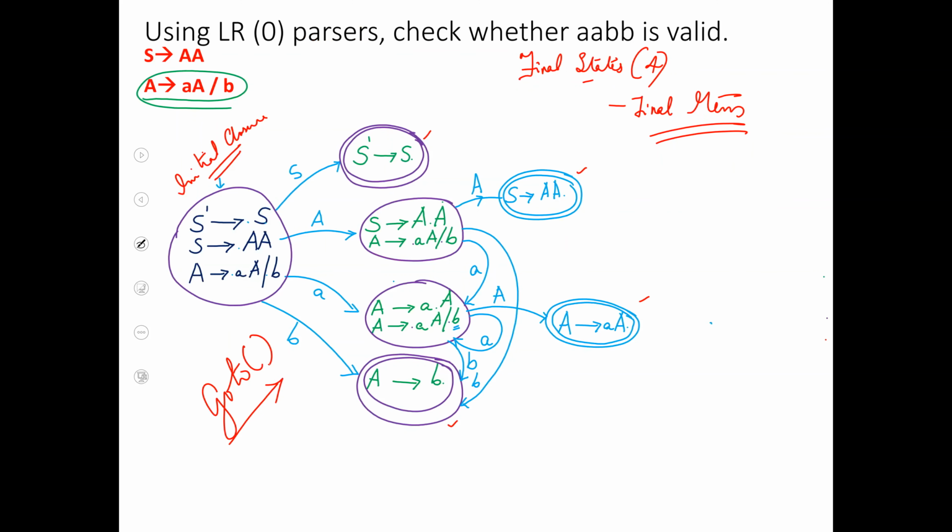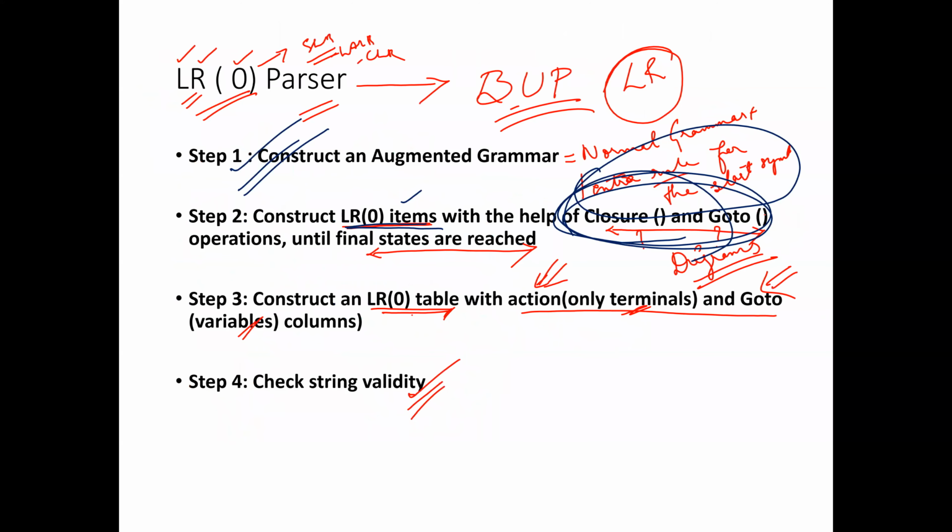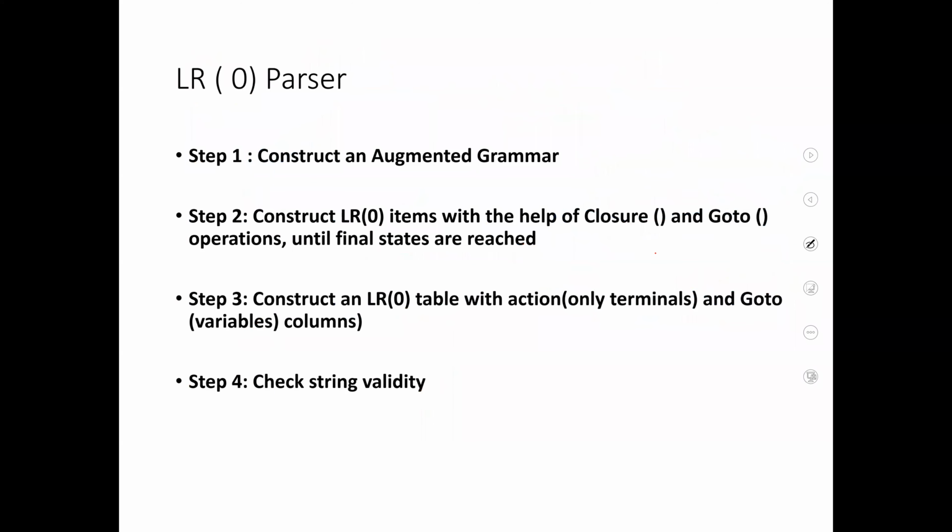Each of the circles you see over here, you call them LR0 items. Okay, so that is step number 2. Construct LR0 items with the help of closure and go to until the final states are reached.